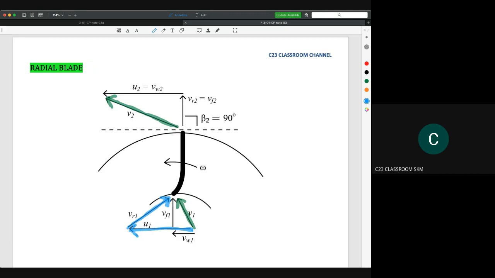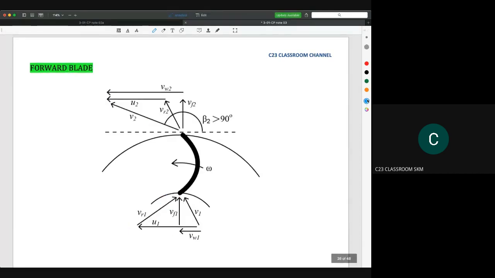Then we draw the theoretical, ideal velocity VF1, and this is the V whirl 1. So this is the velocity triangle at the inlet. It is the same as the previous type of blade, the forward blade. There is no difference. It is totally the same.